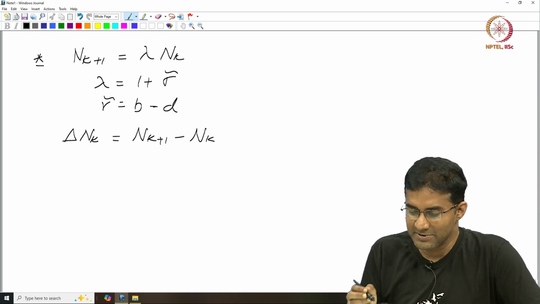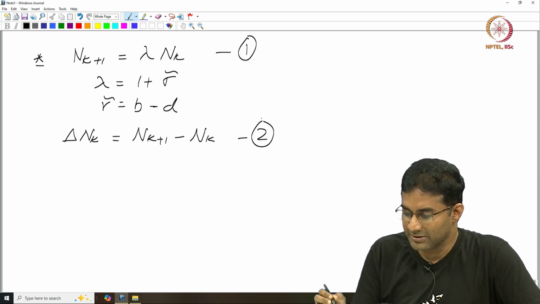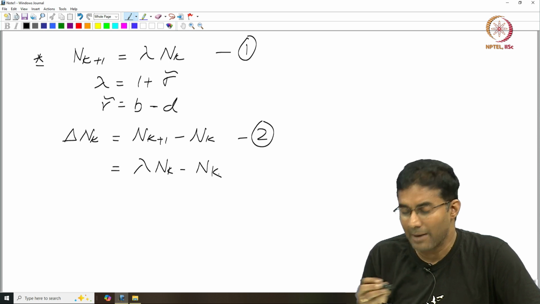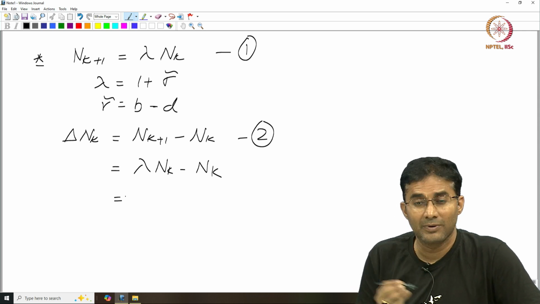Now, if I substitute equation 1 in equation 2, I will get this to be equal to lambda n_k minus n_k, and we know lambda is 1 plus r tilde.